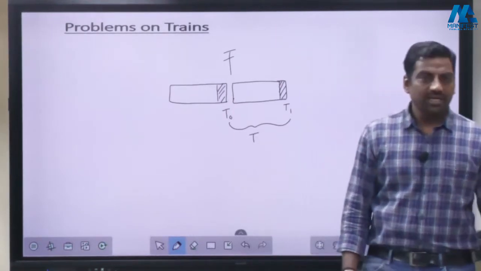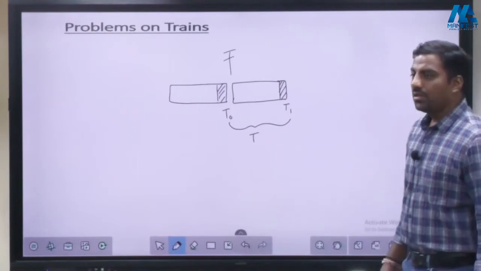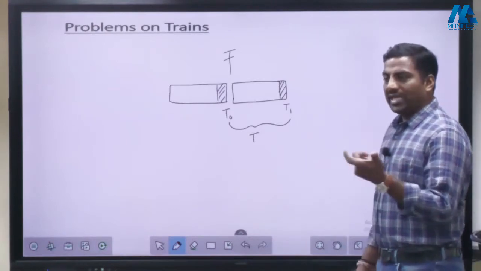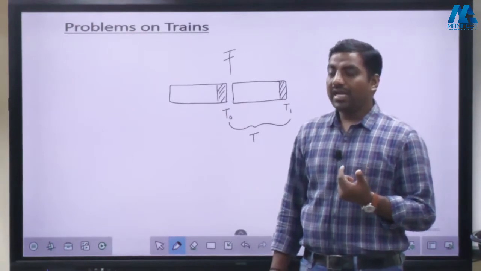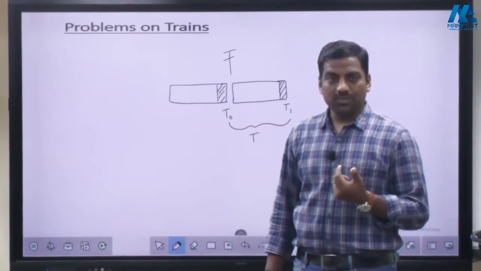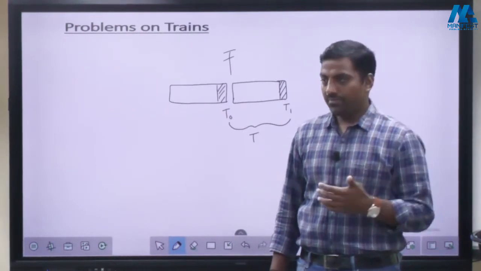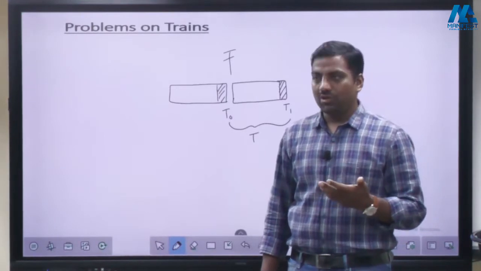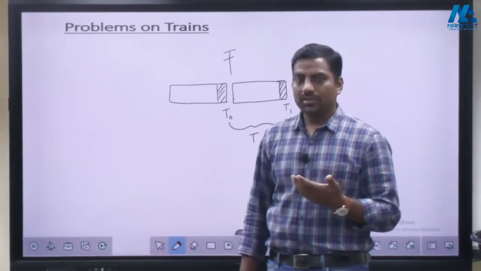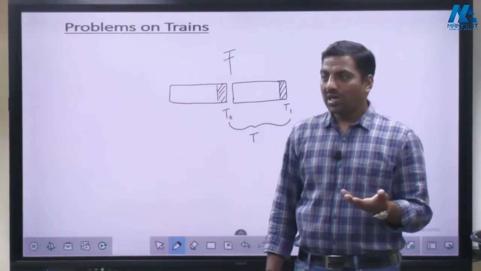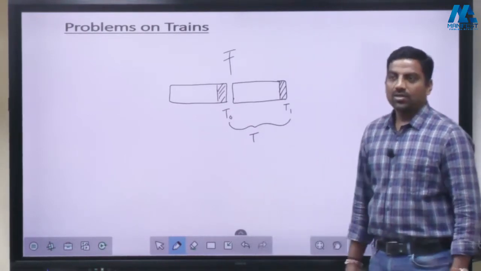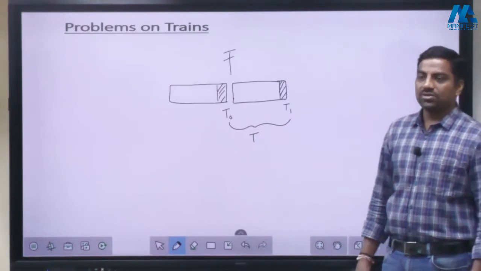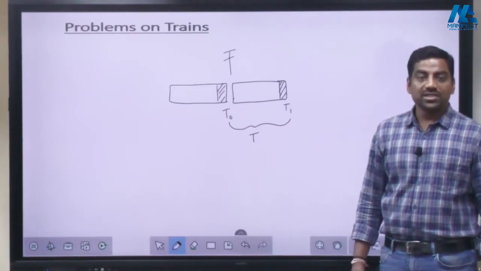Correct? But here the train is moving with a certain speed and it is covering a certain distance also. We have calculated the time, but along with that, we know distance and speed should be there. So what is the distance covered by the train while it is crossing this pole?